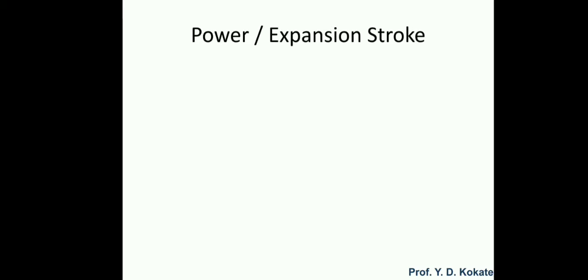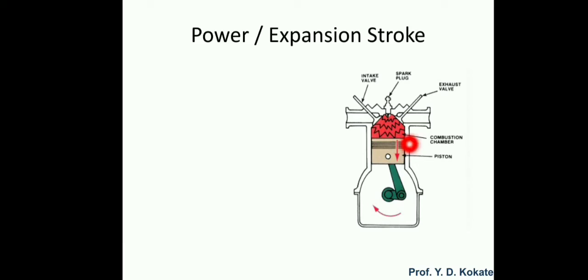In the next stroke, the power or expansion stroke, once a very high temperature is generated, the spark plug gives a small spark to the charge, and due to that it combusts. As combustion takes place, an enormous amount of energy is released that pushes the piston in the downward direction, and that is the mechanical energy generated.